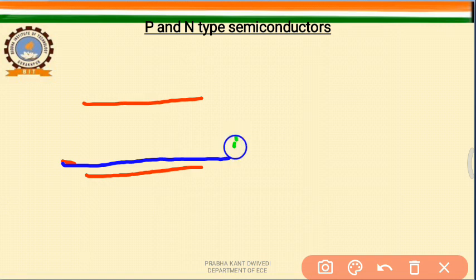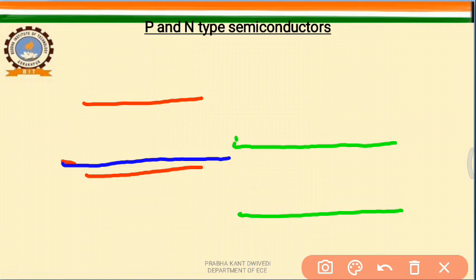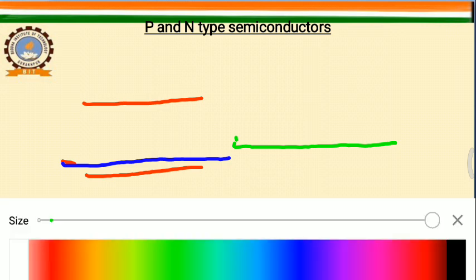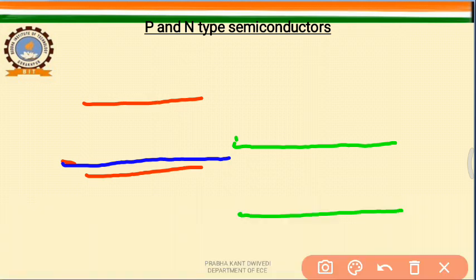So the band will readjust itself like this. In the n-type semiconductor, the Fermi energy level will readjust itself like this. Here is the Fermi energy level.